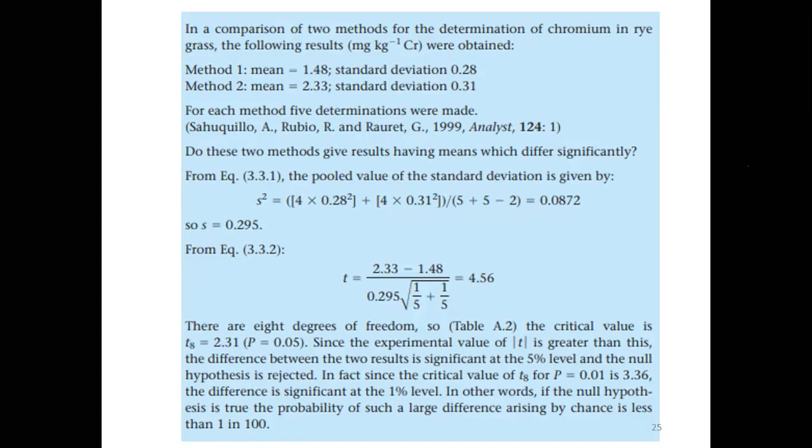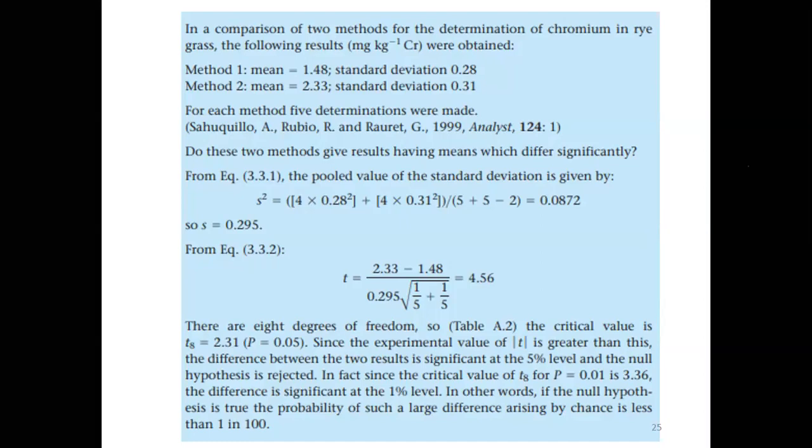That is the t value. Now, we have to determine whether this t value exceeds the critical t value, which we find from the table. And in order to find the t value from the table, first we have to find the degrees of freedom.